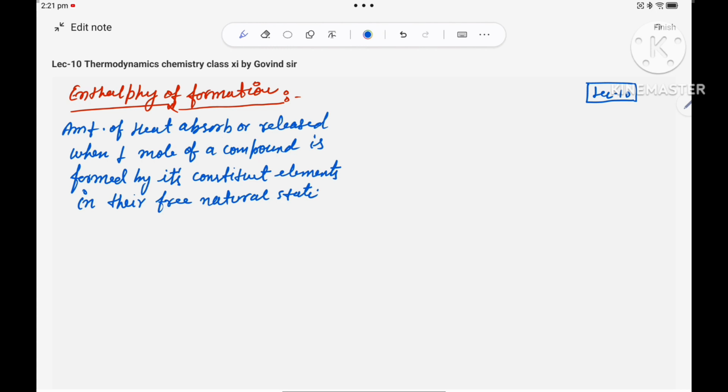Today the topic is enthalpy of formation. What is enthalpy of formation, children? The amount of heat absorbed or released when one mole of a compound is formed from its constituent elements in their free natural state is called enthalpy of formation.